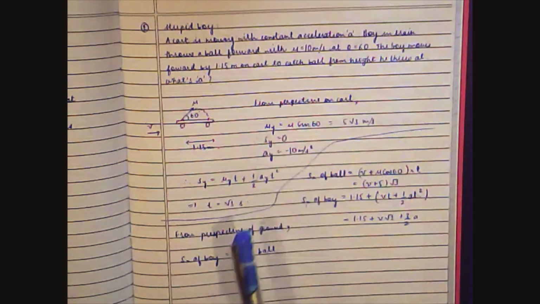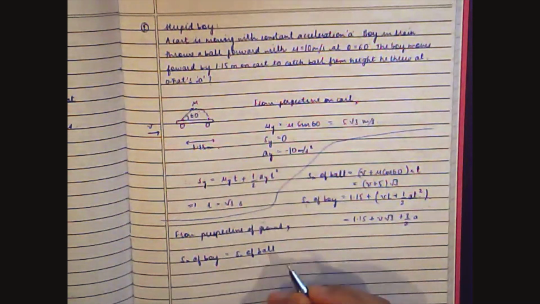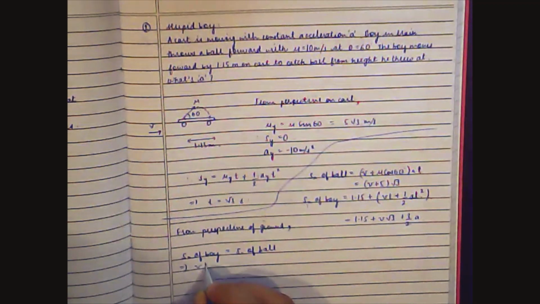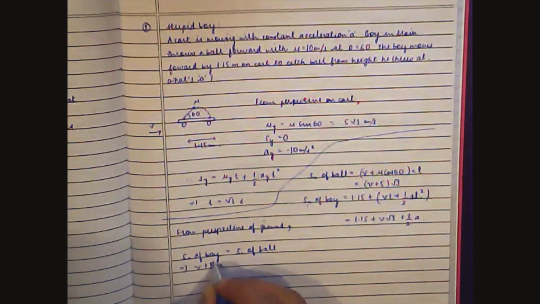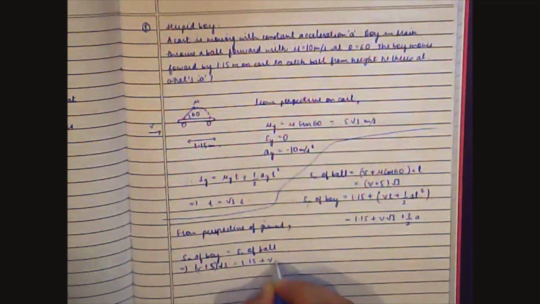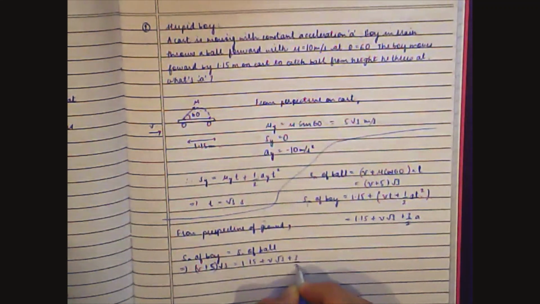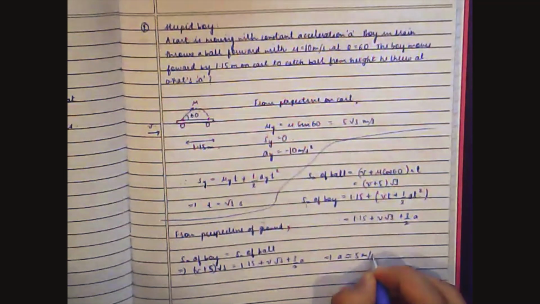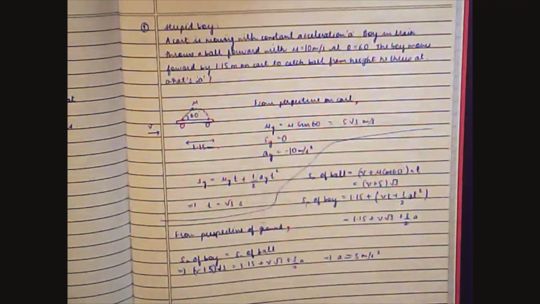So they will both be equal, and with the help of this, v plus 5 into root 3 equals 1.15 plus v root 3 plus 3 by 2a. V root 3 gets cancelled, and a becomes approximately 5 meter per second square. Okay, now this is the second question.